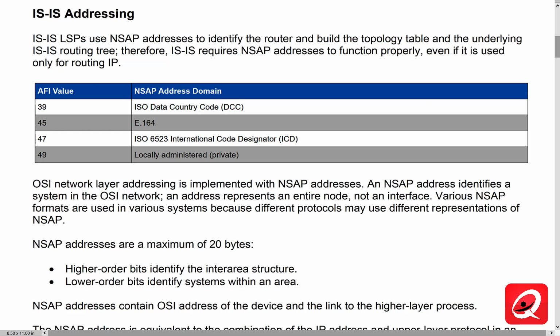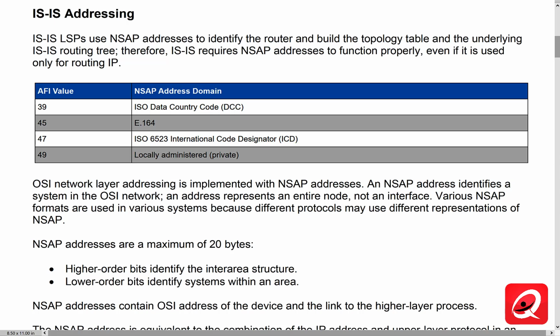All right. So the NSAP address, I already broke this down, but it is a maximum of 20 bytes. The higher order bits identify the inter-area structure, and the lower order bits identify the system within the area. So we have the ability to identify the AFI, the IDI.